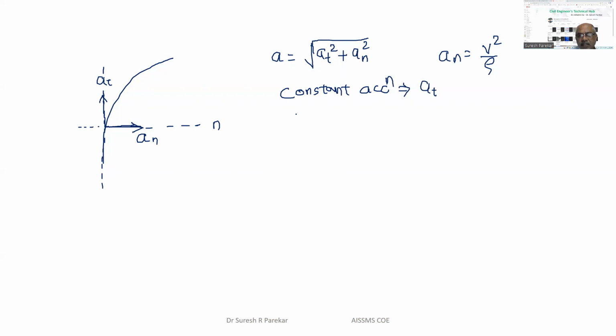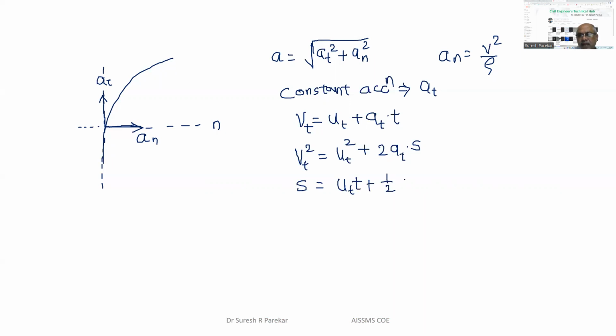Here we have constant acceleration AT. Whatever equations we have, we have Vt is equal to Ut plus AT into T. We have Vt square equal to Ut square plus 2AT into S, and then we have S equal to Ut into T plus half AT into T square.